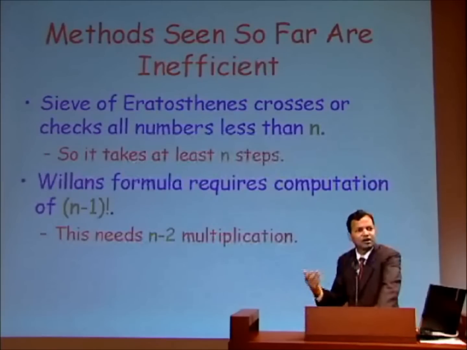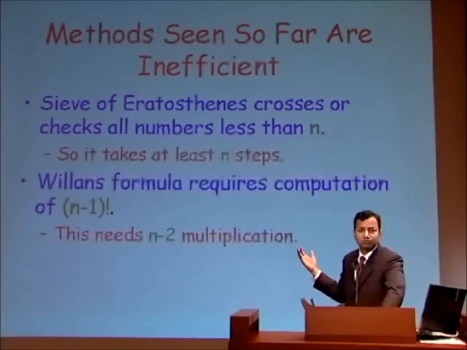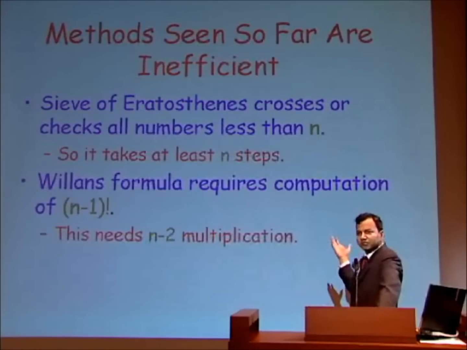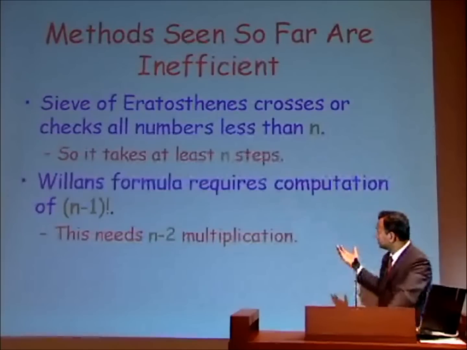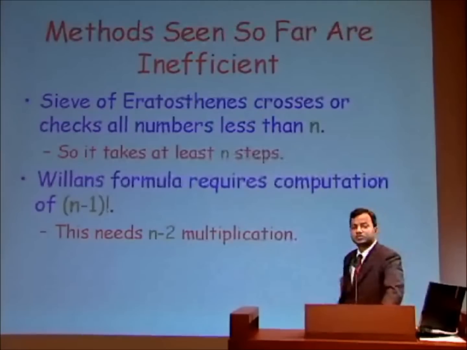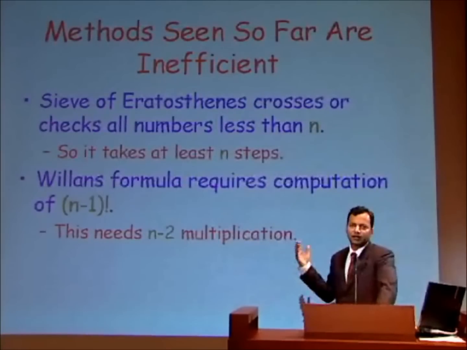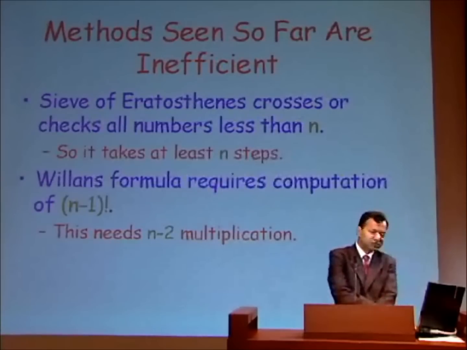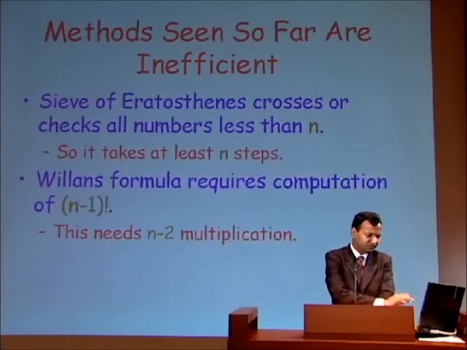So that will certainly require at least n operations, probably more than n operations. And that, by our definition, cannot be an efficient method. Similarly, Wilson's formula, as already noted, requires a computation of n minus 1 factorial, and that requires at least n minus 2 multiplications. So that also is not an efficient method.